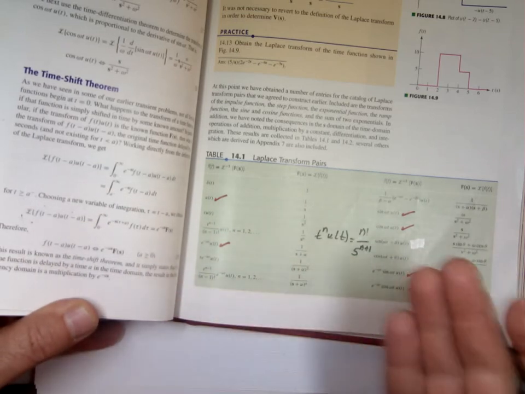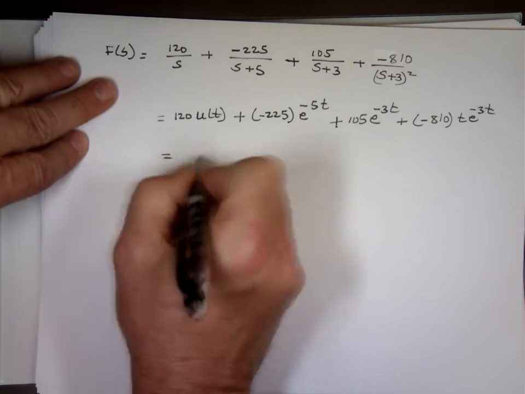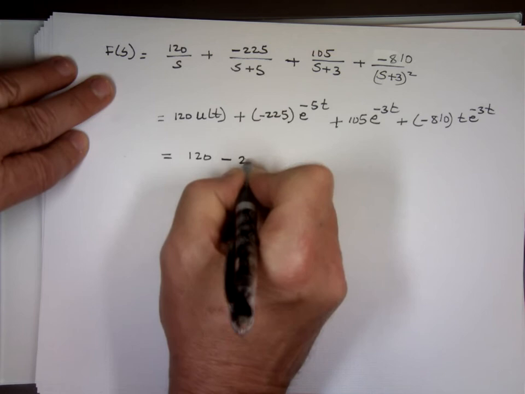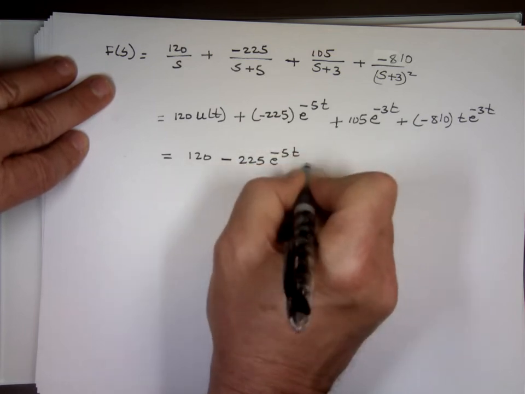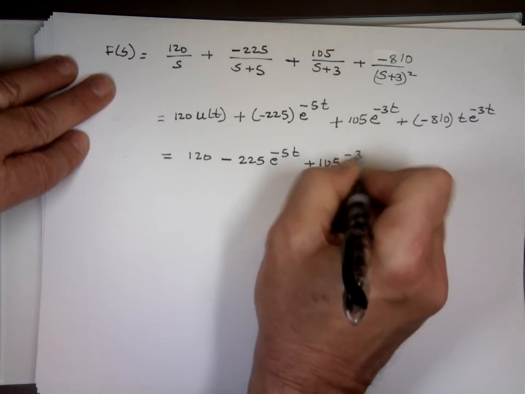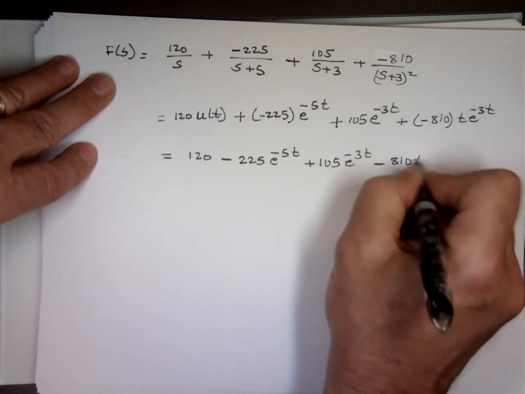So we always add u sub t to each one. So your final answer, when you clean it, is 120 minus 225 e to the minus 5t plus 105 e to the minus 3t minus 810 t e to the minus 3t, the whole thing u sub t.